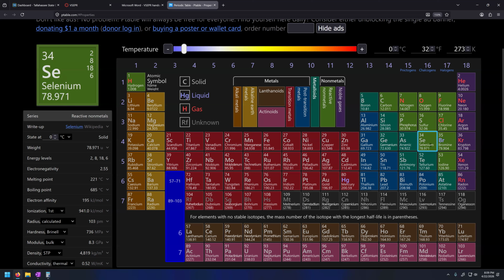Now we're comparing bromine and selenium here. Selenium is closer to being a noble gas moving in this direction than the bromine is. Remember, for first ionization energies, we are only removing electrons, so we're moving the electron configurations in this direction.